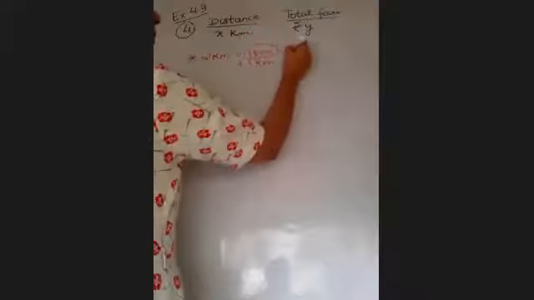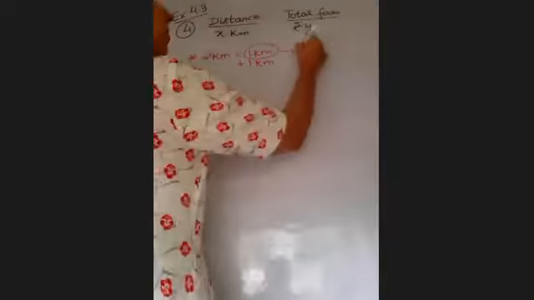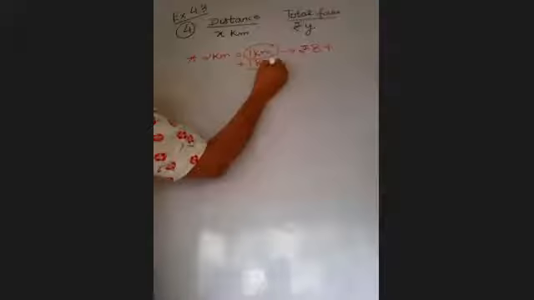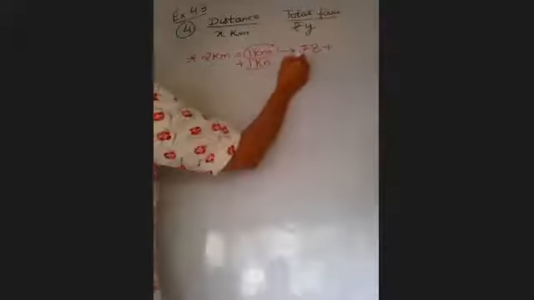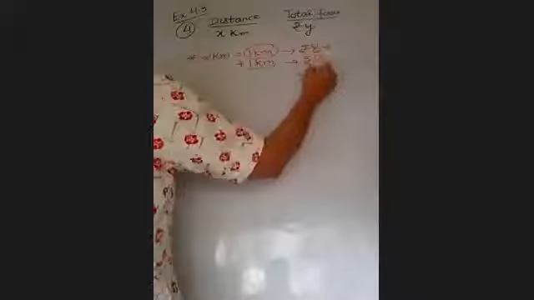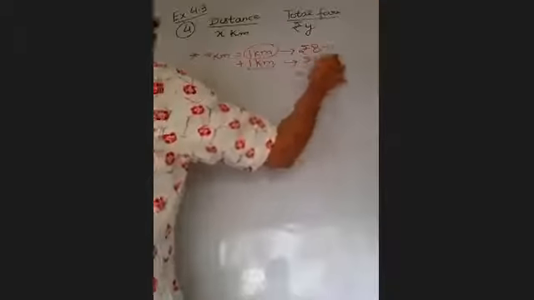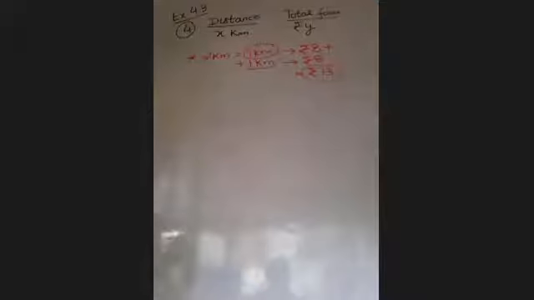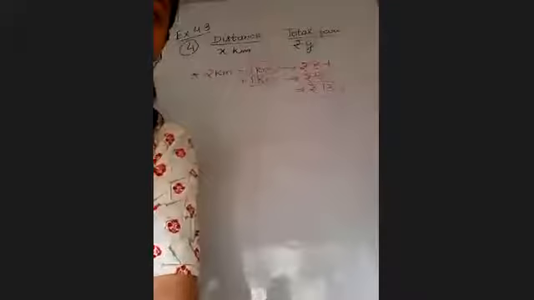For this first 1 kilometer, the amount paid is how much, children? ₹8. Plus, for the next 1 kilometer, how much will you be paying? 5. So total will be 13. Are you getting my point?